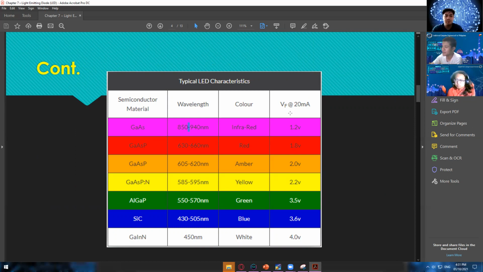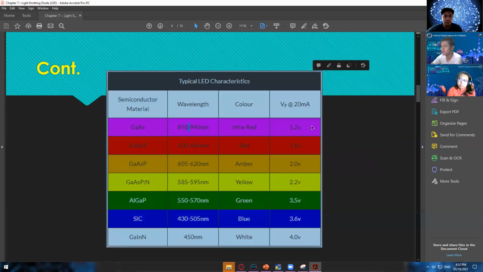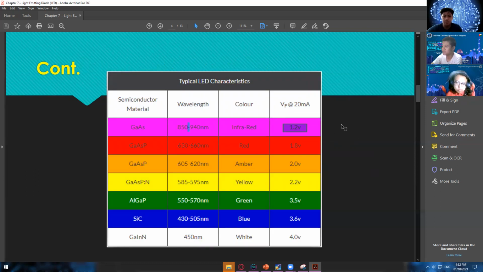It must have a forward voltage of 1.2 volts at 20 milliamps only. Having 1.2 volts is not enough if you only have, let's say, 5 milliamps of current. It should be consistently 20 milliamps. Okay, it seems that there is a question.